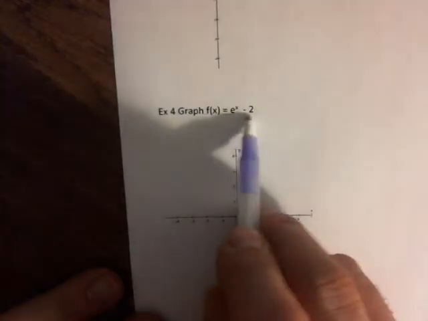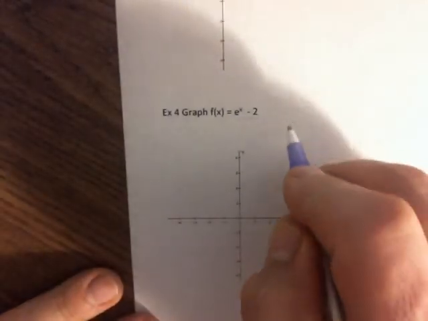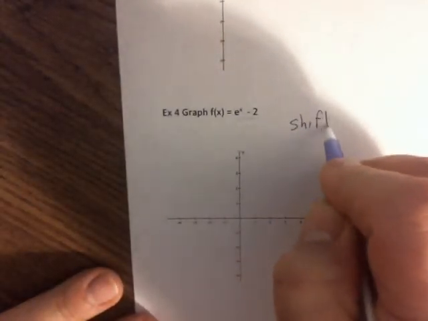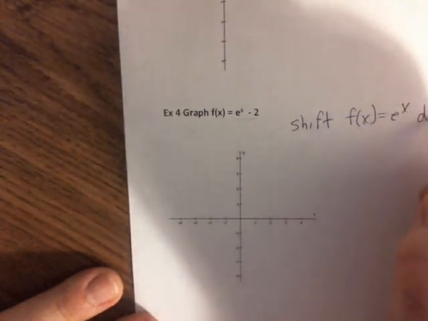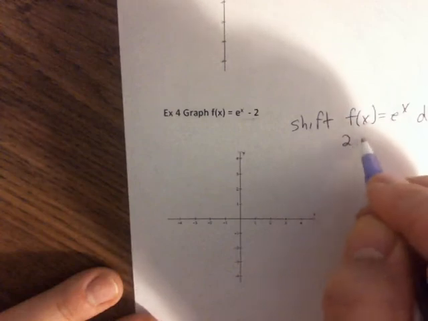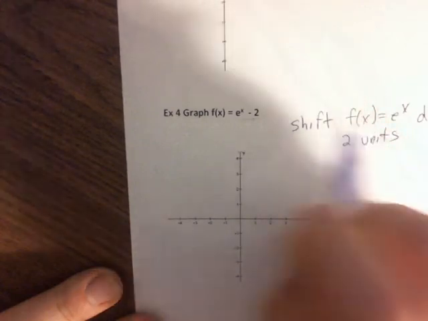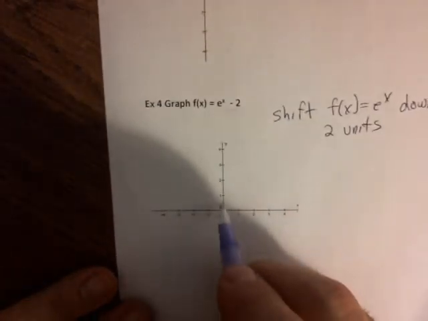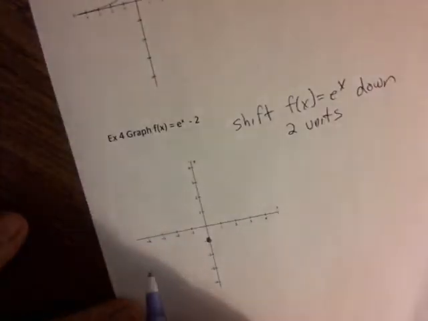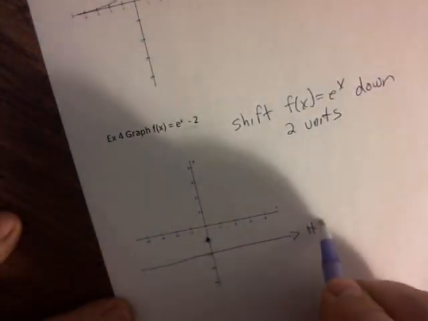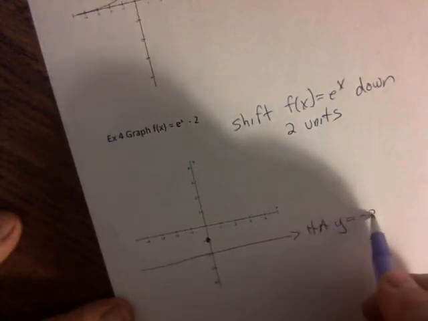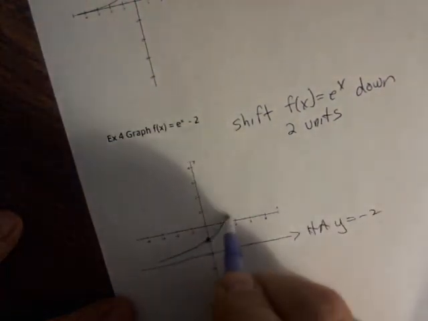So in this case, this is a vertical shift. So to graph this, I'm going to shift this down 2 units. So again, move the y-intercept and your horizontal asymptote down 2, and then just sketch it.